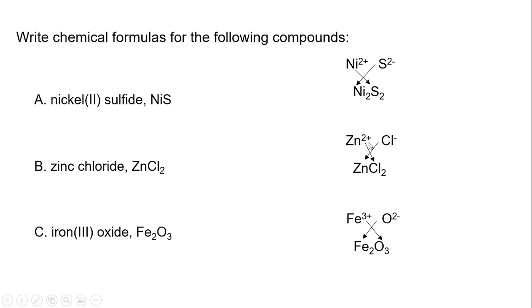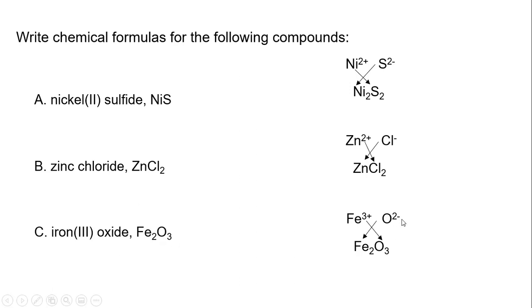Okay, so zinc chloride. Zinc has a 2 plus. This one has a negative, so we're not going to pay attention. Make sure you bring the 2 down, and it should be zinc chloride. We don't say zinc 2 chloride because it has 1 oxidation state with it. This is things you have to know. And then iron 3 oxide. Looks a little difficult, but it really is not.